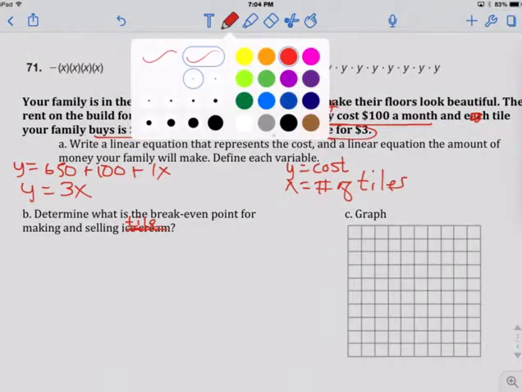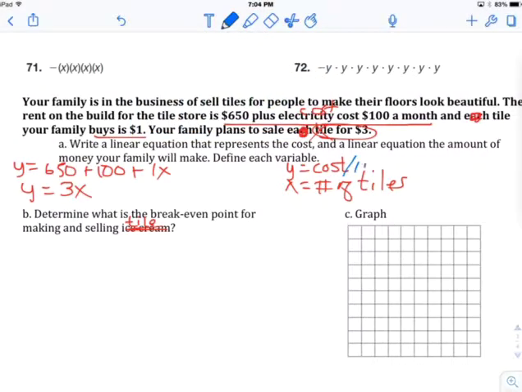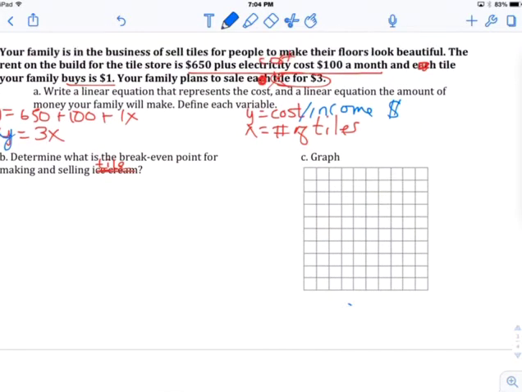And Y also represents income, because this Y here represents income, both in dollars. So X represents the number of tiles. The Y represents cost and income in dollars. Okay.